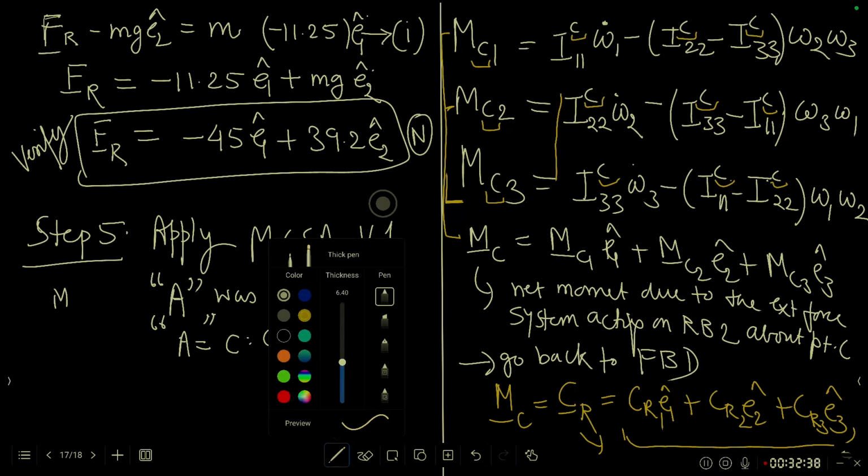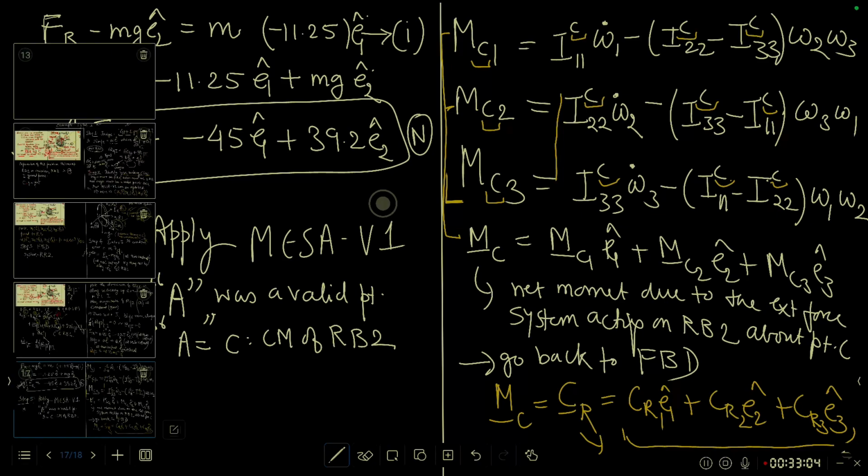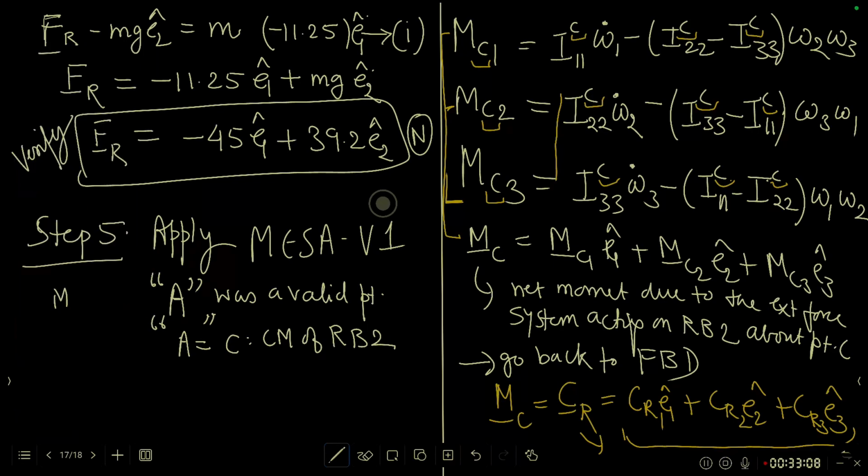The learning here is really not remembering the formula, but being able to understand what these symbols mean. IC11, IC22, IC33, I think it is quite clear. It is a thin disk, so we should be able to identify those readily. There are three inertia components appearing here.